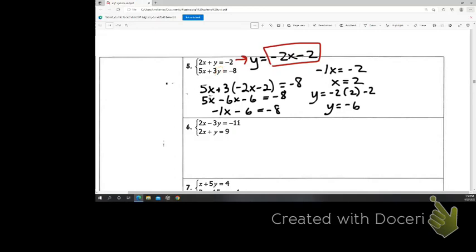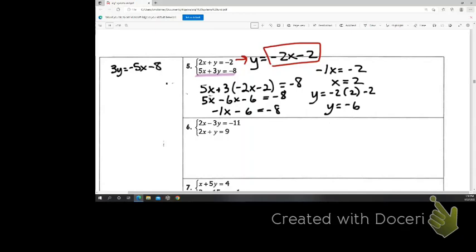Now, you don't need to write this down, but I'm going to show you the same problem, and I'm going to choose this bottom one, and I'm going to get y by itself. It's going to be messy though. So I would have 3y is -5x minus 8.